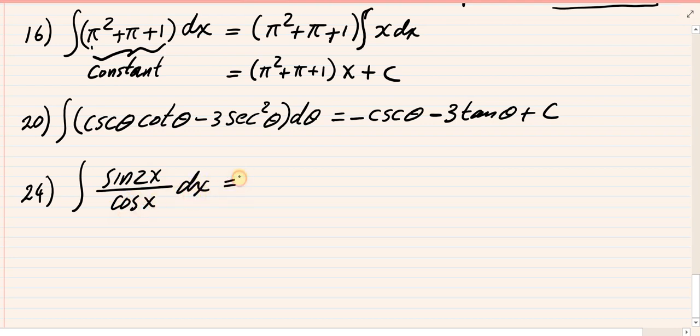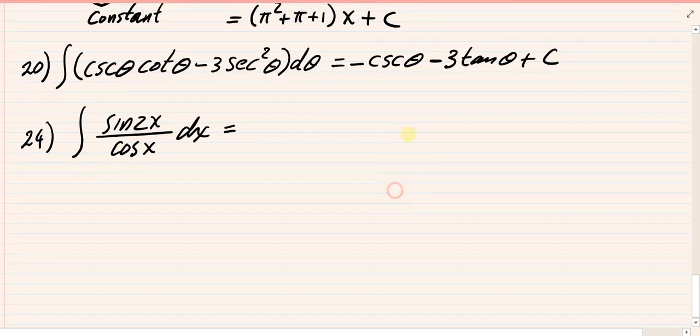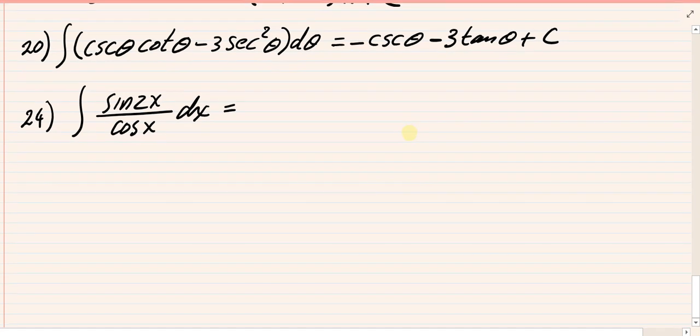And remember, in our table of antiderivatives, we only have the basic functions. We don't have double angles or powers of these functions. So anytime that happens, we've got to think about how can I rewrite the integrand. Well, the identity for sine 2x, we all know that is 2 sine x cosine x, right? That's the only hope we have for this one, divided by cos x dx.